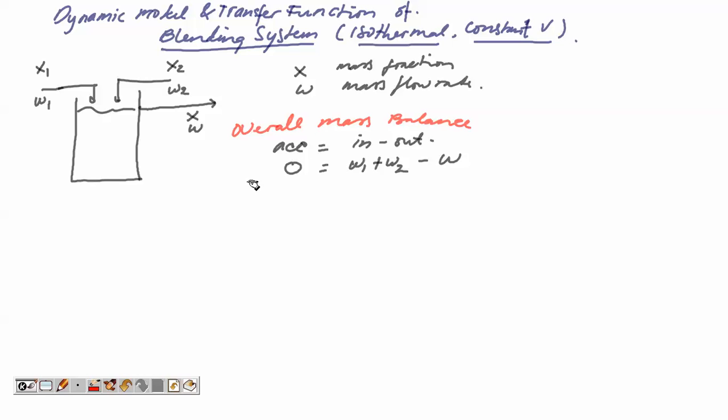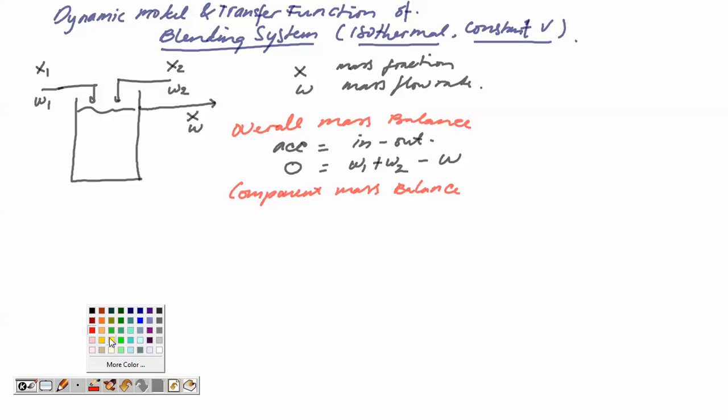Okay, so for the component mass balance, the mass of component input in stream 1 is W1 times X1.